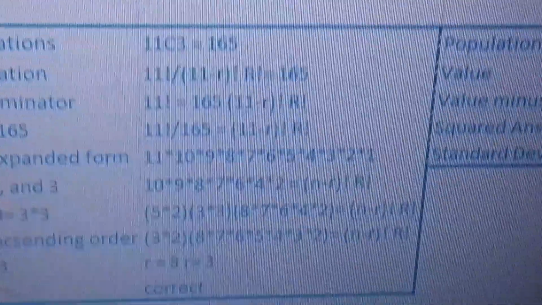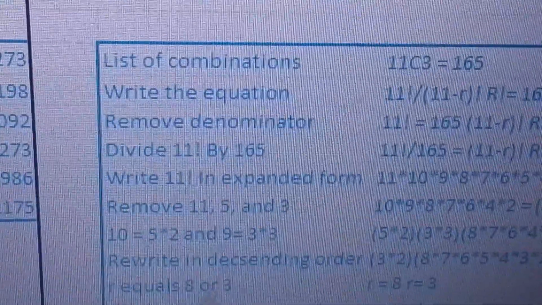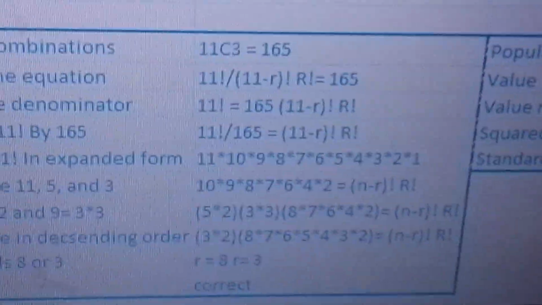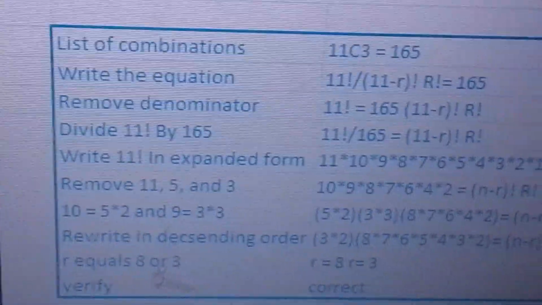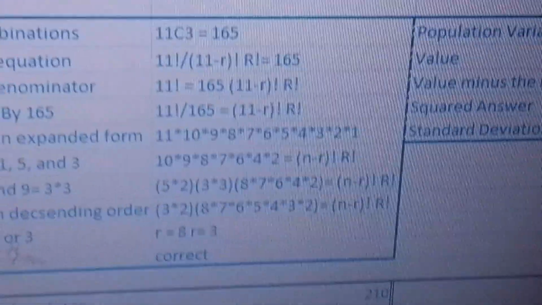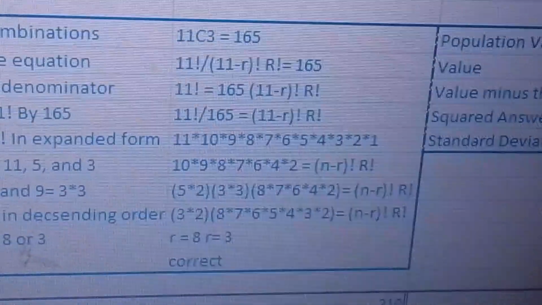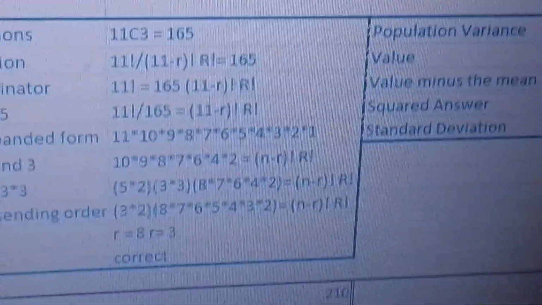Tama? Now, what we do now is this. We factor out 10 and 9. 10 becomes 5 times 2, while 9 becomes 3 times 3. Then we arrange the factors in descending order. And the reason why we are doing this is because we want to know if r is correct. Di ba? So 8 times 7 times 6 times 5 times 4 times 3 times 2, and 3 times 2.